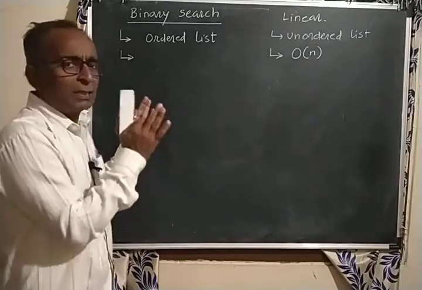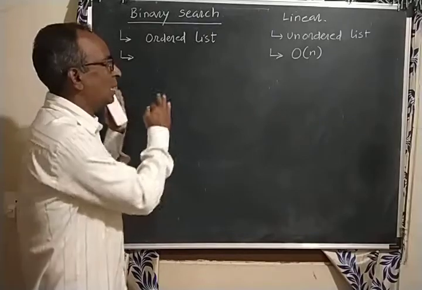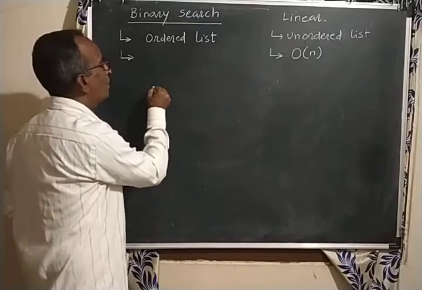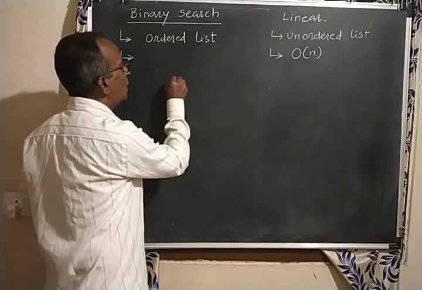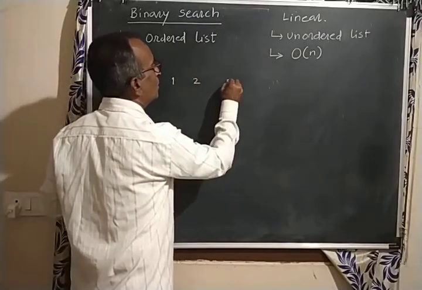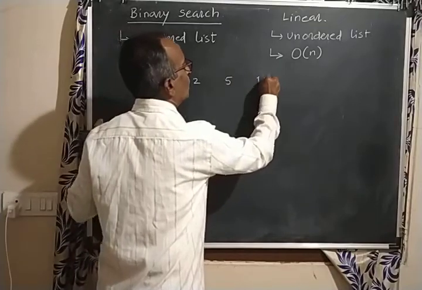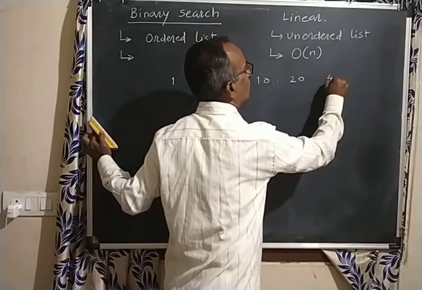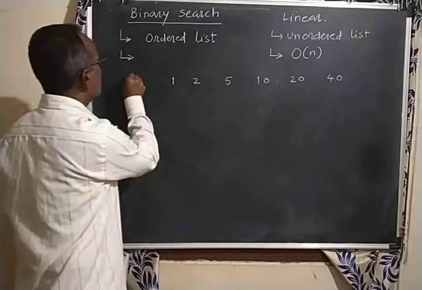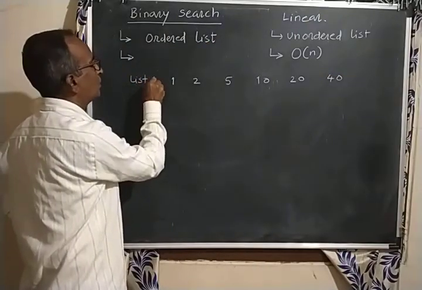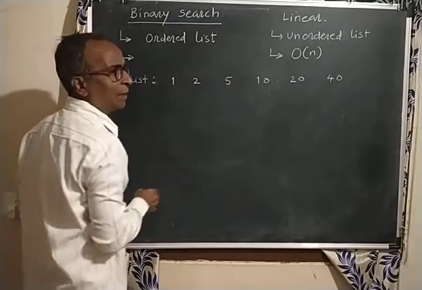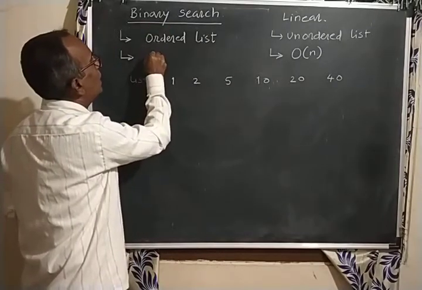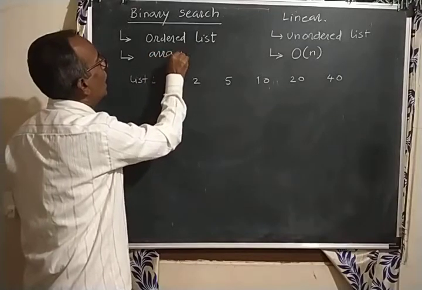Now I'll tell you what exactly happens in binary search. Suppose I have a sorted list with some elements. This is the list given. This is an array, and binary search can be applied only when elements are given in an array.